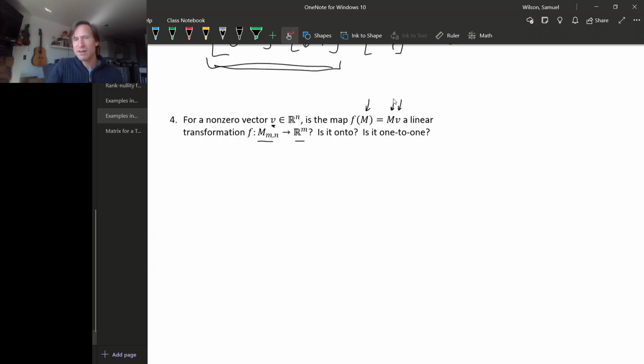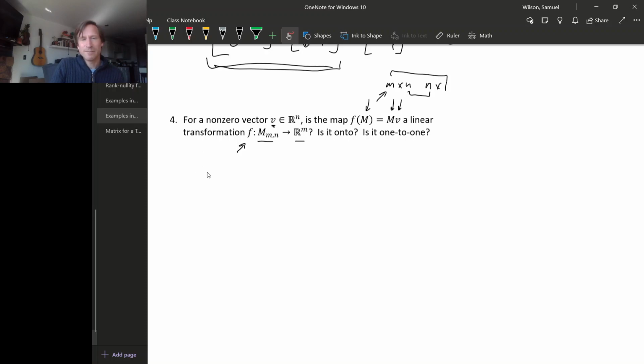And this product is defined because the matrix M is m by n, and the vector v is a column vector, so n by 1. And so this product produces a vector in R^m because of the m there. So this function is defined. The question is, is it a linear transformation?